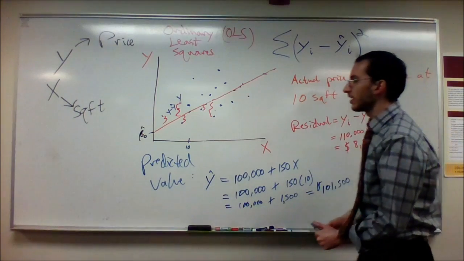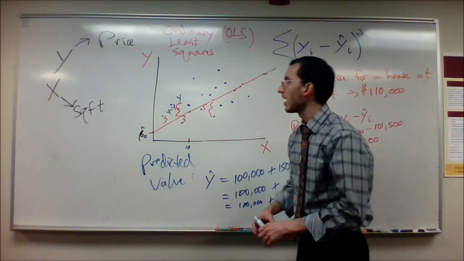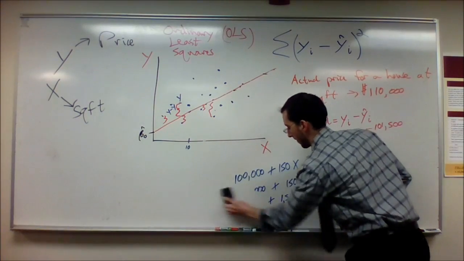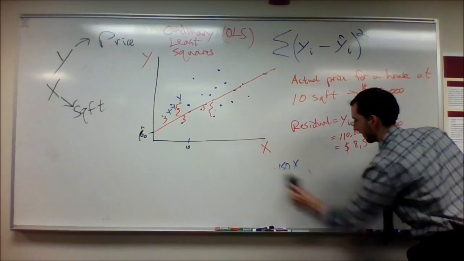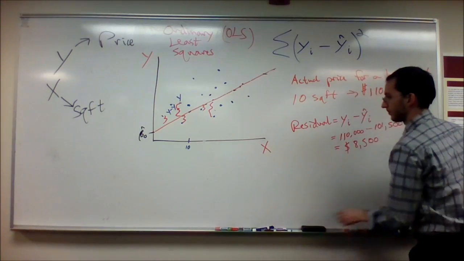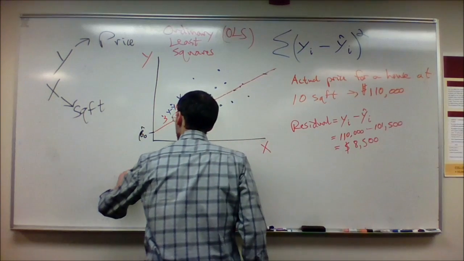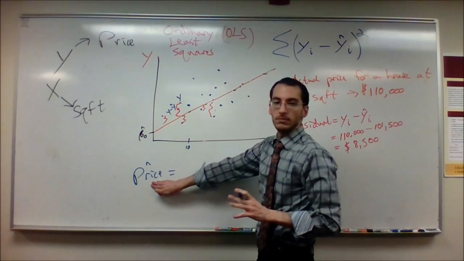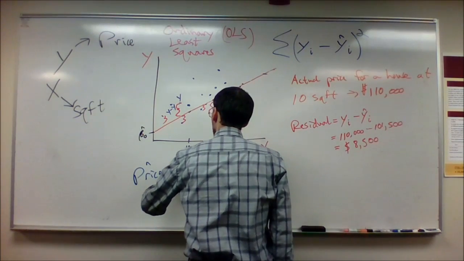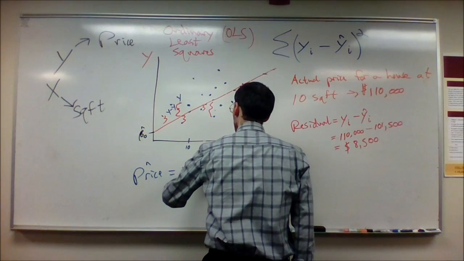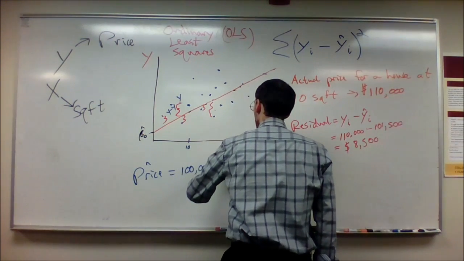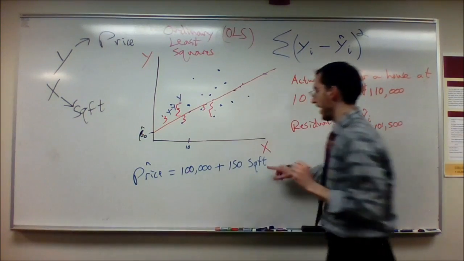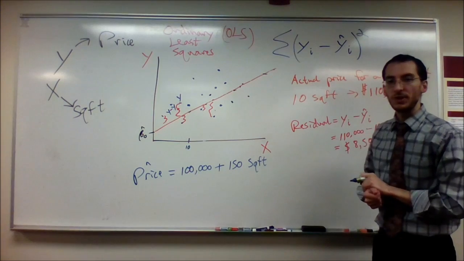One important thing I want to point out is how we write our equation. If you remember, we were writing this as the estimated price, our intercept, our slope, and our explanatory variable square feet.